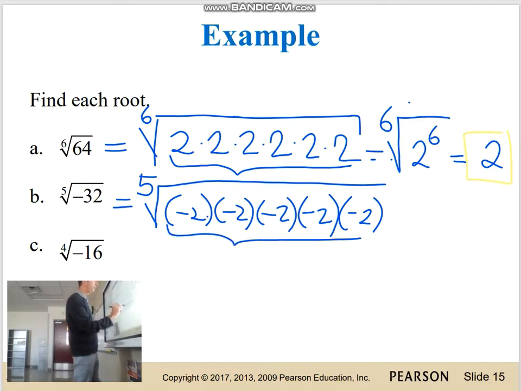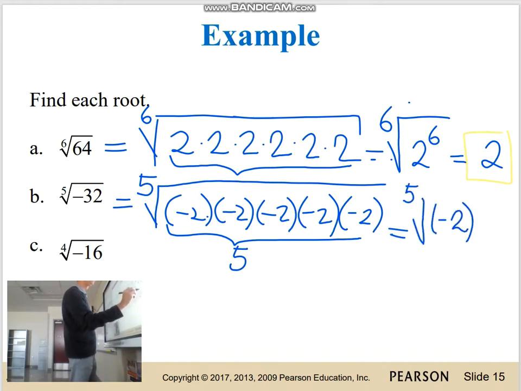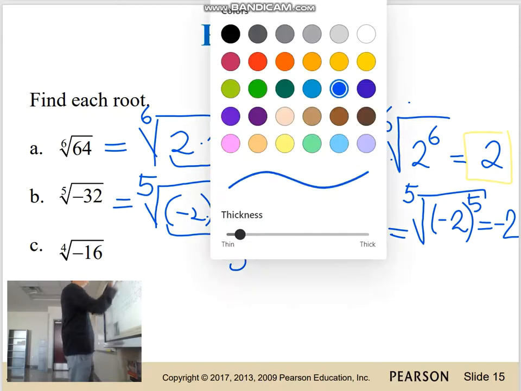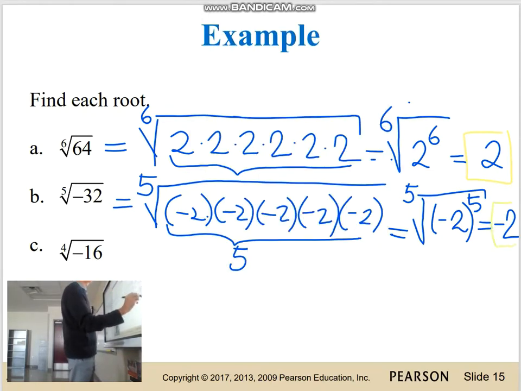This is 1, 2, 3, 4, 5. That means 5th root of negative 2 exponent 5. The answer is negative 2. Right? This is the answer.